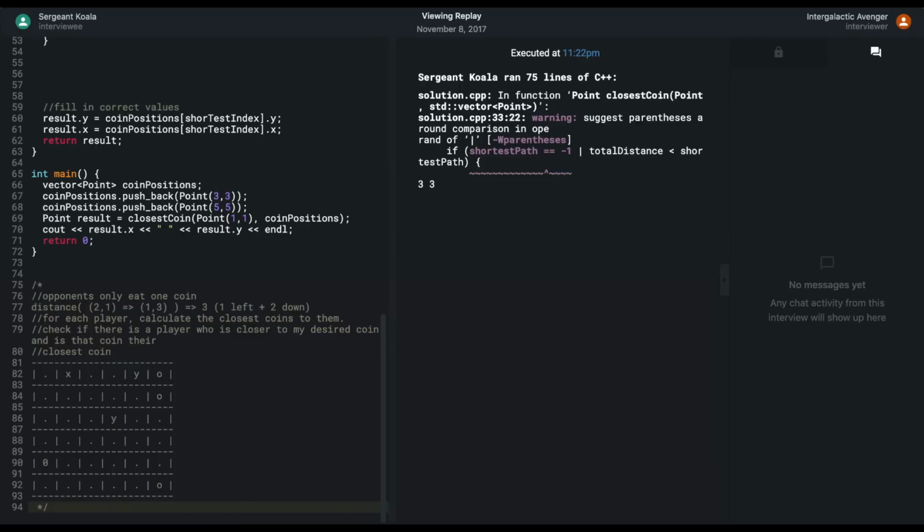Because it's his closest coin, and he's closer, and to be really sure, I'd have to check that no one else was closer than him. So I'd have to check that all the other ones weren't closer. Then I would say he's going to eat this coin, so I can't go for that one.